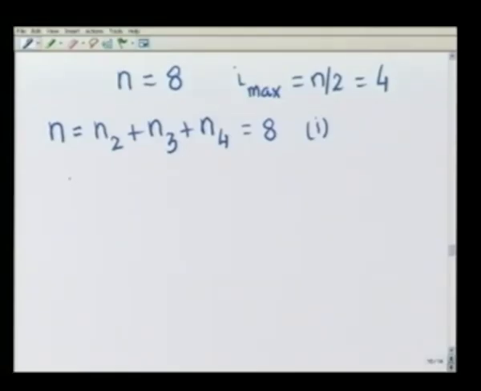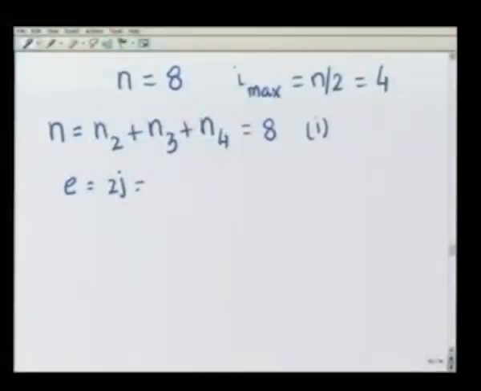We also know that the number of elements E, which is given by 2j, is equal to 3n minus 4, so that Grubler's criterion is satisfied, which means 3 into 8 minus 4, that is 20.